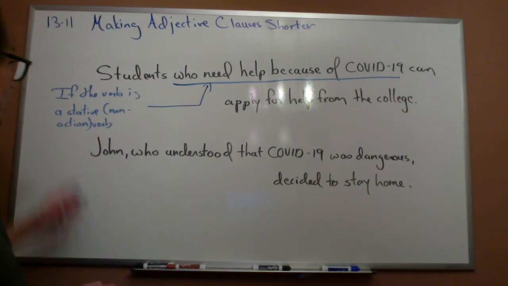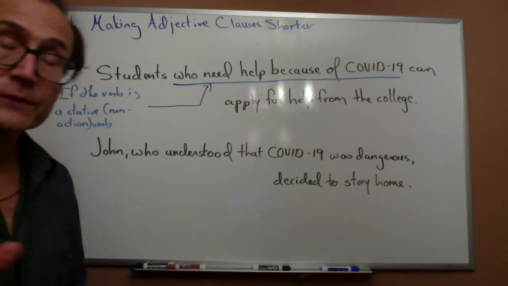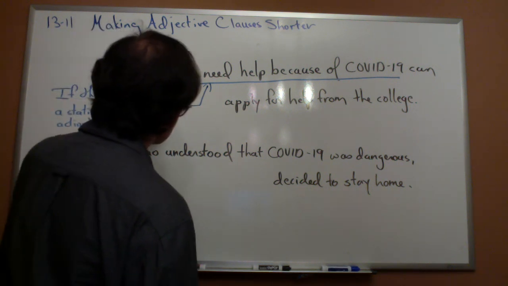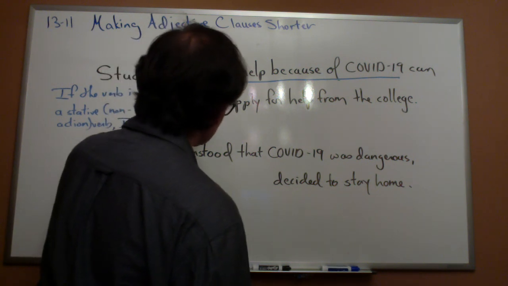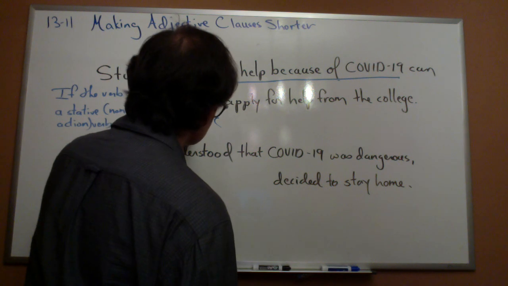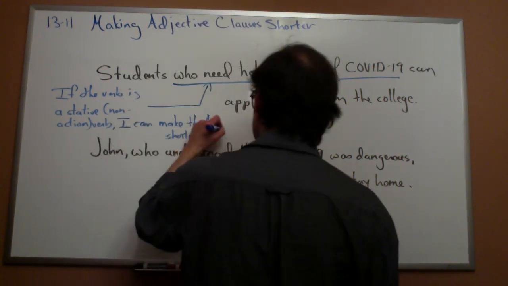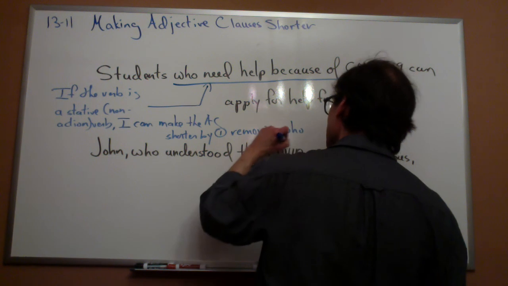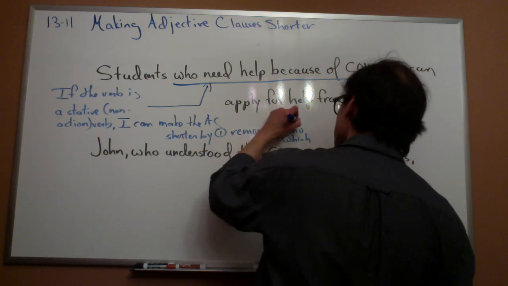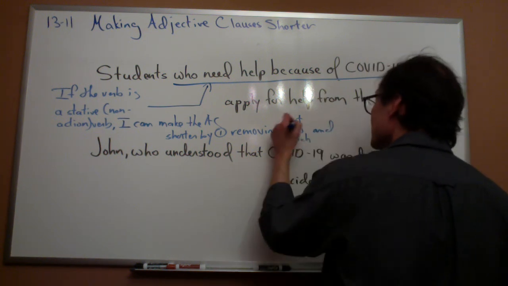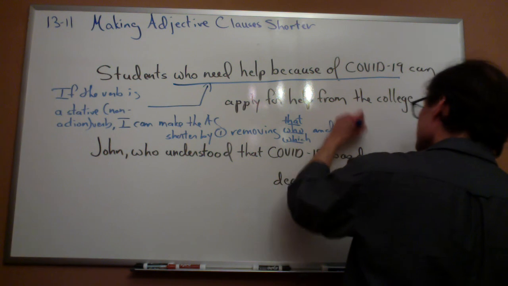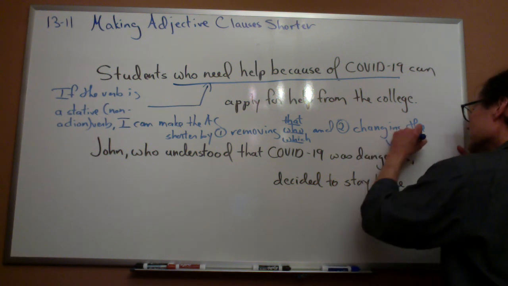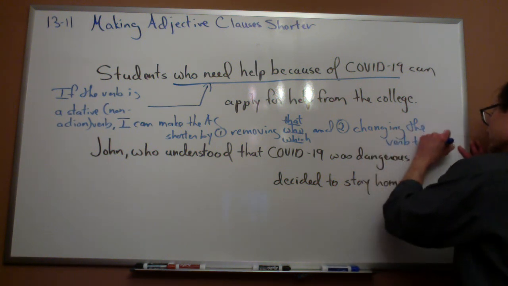Okay, so if the verb is a stative or a non-action verb, I can make the adjective clause shorter by, 1, removing who, which, or that, and 2, changing the verb to verb-ing.